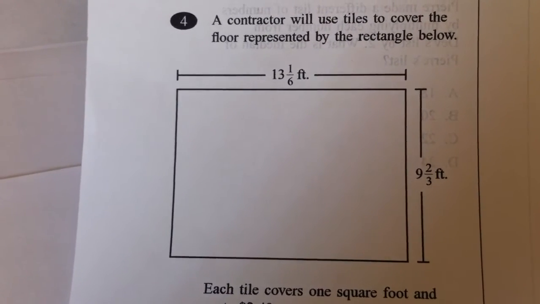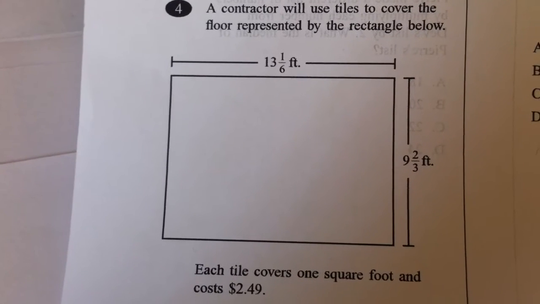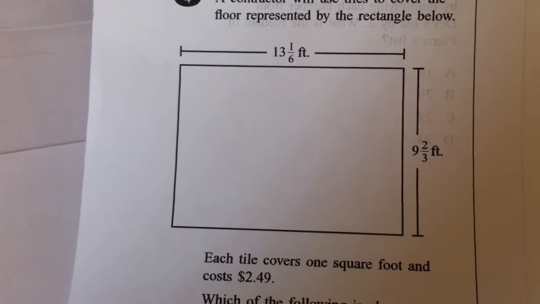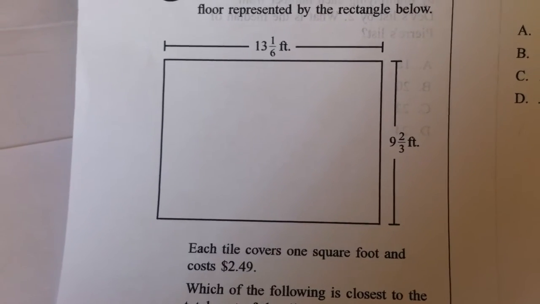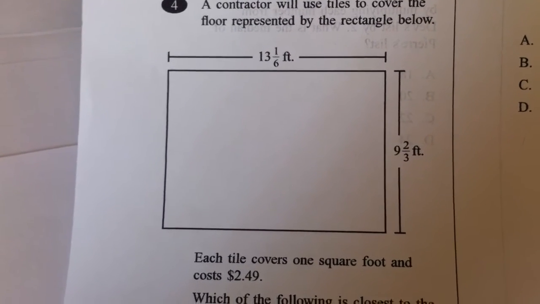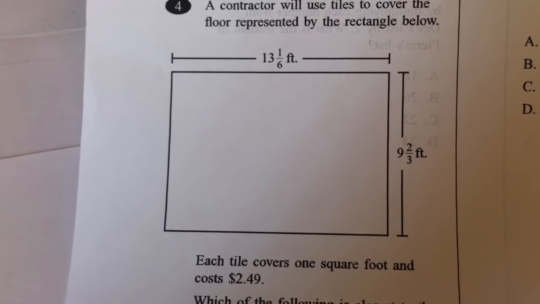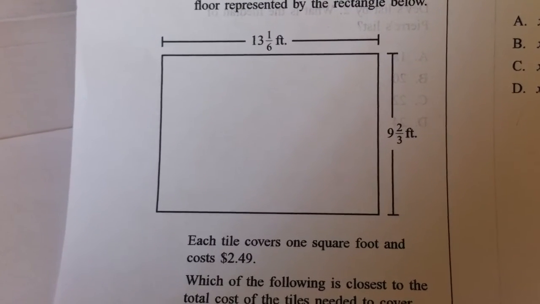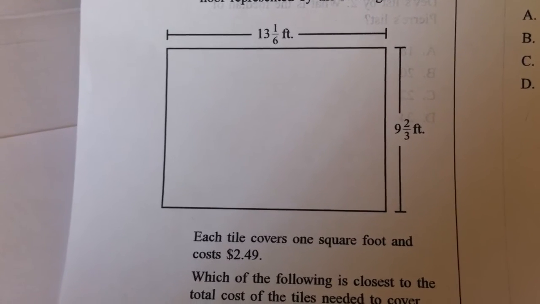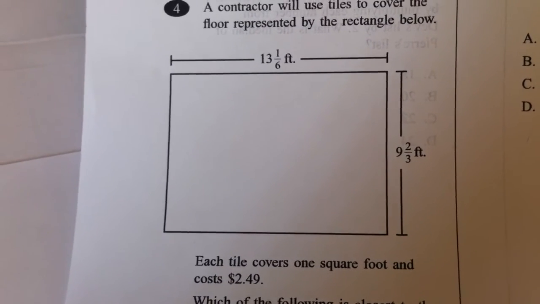So the approach is to find the area of your rectangle and then multiply it by the cost of each tile. So the area of your rectangle will give you how many tiles you need, right? Because each tile is a square foot. Then you multiply that by the cost of 1 tile and you find the total cost.